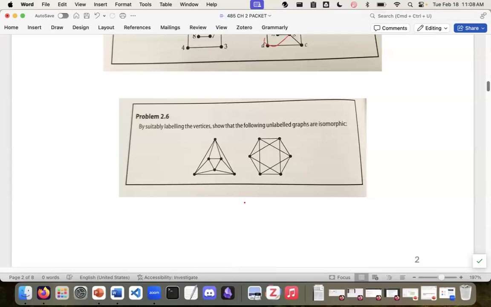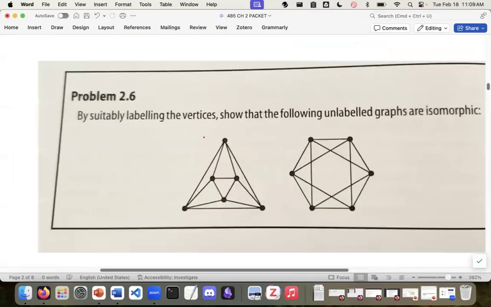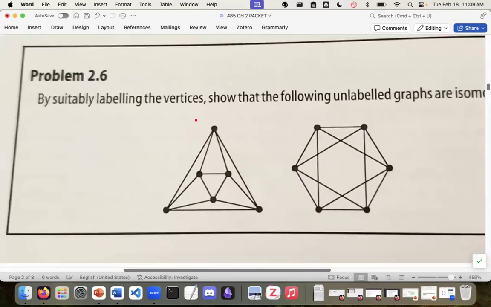Okay, so from 6, what's our labeling? Maybe let's label one of them first and then see how it shows up in the other one. Let me zoom in a bit. It kind of depends on personal preference.